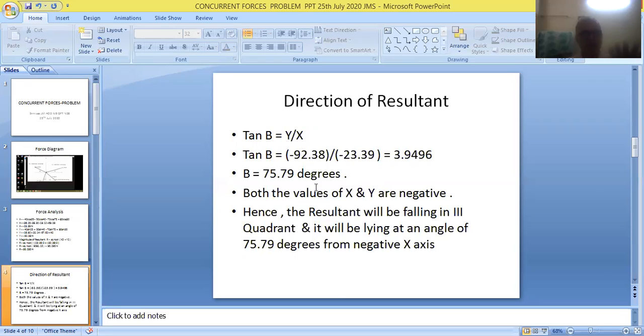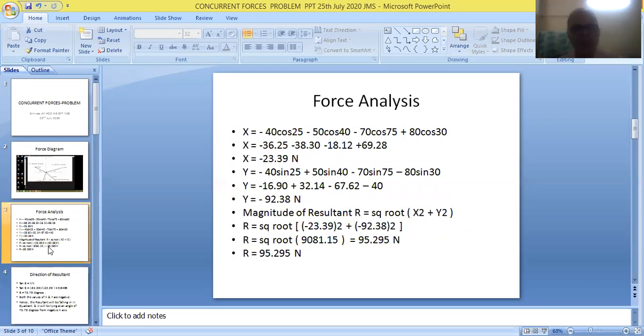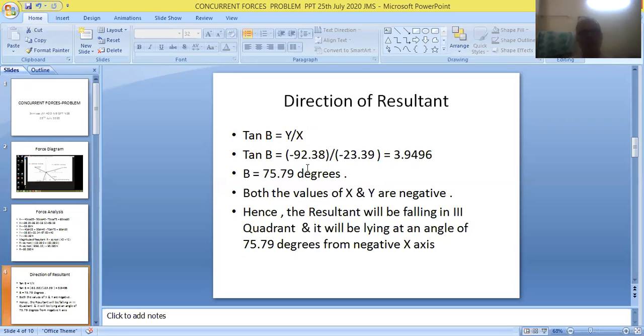And friends, you take the value of sigma y. In the previous slide, it is obtained as minus 92.38, and sigma x is obtained as minus 23.39. So you take these values. So it is written as minus 92.38 divided by minus 23.39.